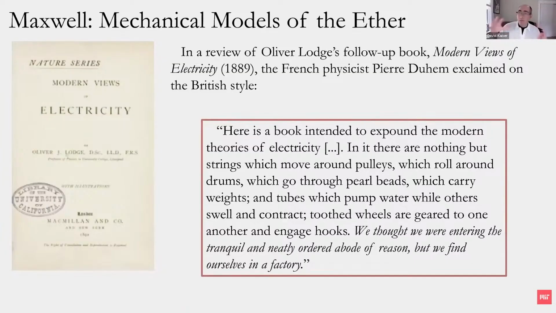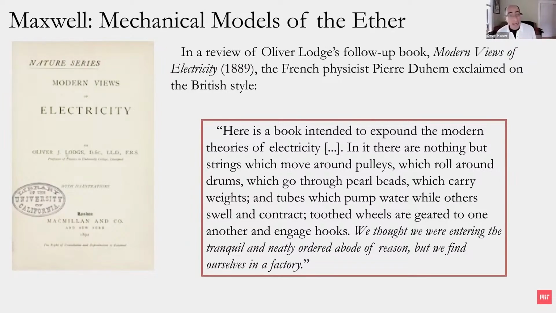This became how the Maxwellians, not just Maxwell, but even his nearest followers and students and protégés, what they thought it was to study the natural world: to build more and more articulated mechanical models of the ether with which they could model and even predict more and more features of the natural world, like electromagnetic effects.